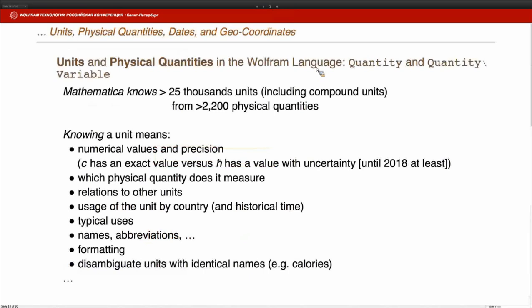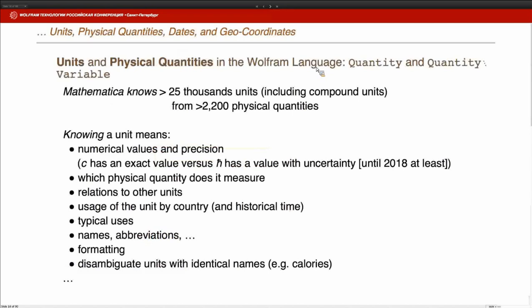One of the biggest additions we had to make to accommodate the real world was the addition of units and measures. That was a big project, and today we have probably by far the largest collection of units and physical quantities. There were quite a few people who worked on this for a couple of years. We have around 25,000 units coming from more than 2,000 physical quantities.